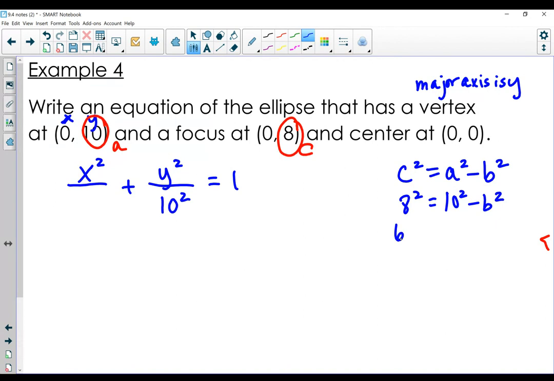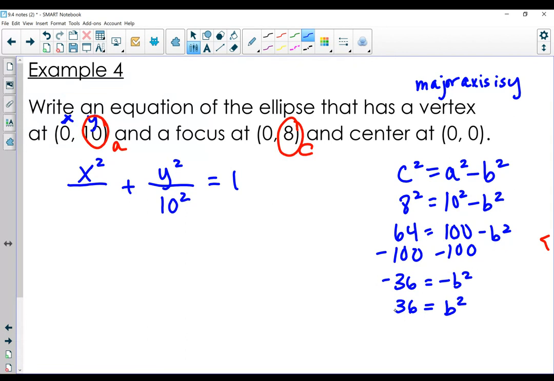I'm going to go ahead and do my squares. And then I would subtract 100 on both sides, which looks concerning because I get a negative number, but I have negative 36 equals negative b squared. So then 36 is b squared. Square root both sides. I do have an absolute value here. It makes sense to have that absolute value.